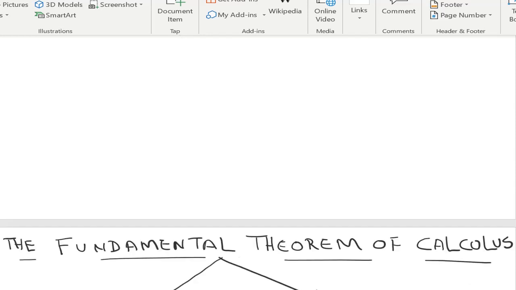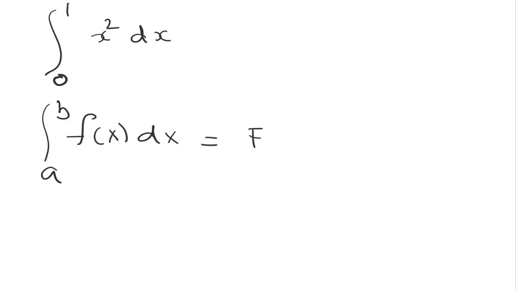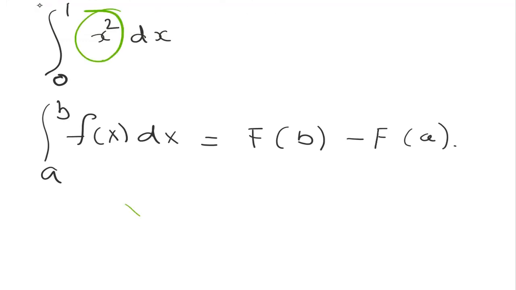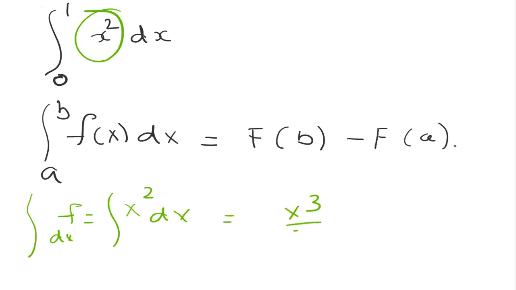I'll explain with an example. It's so simple. Suppose we have the integral from 0 to 1 of x squared dx. Below that I will write that the integral from a to b of f of x dx is F of b minus F of a. We take this function x squared, this is the function f. We integrate it, that is the integral of x squared dx, which is x cubed by 3.